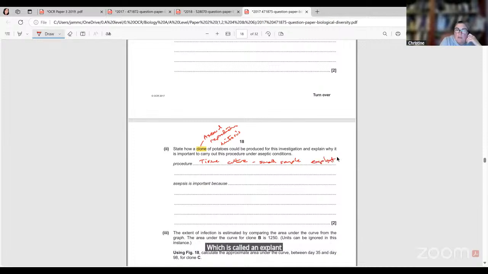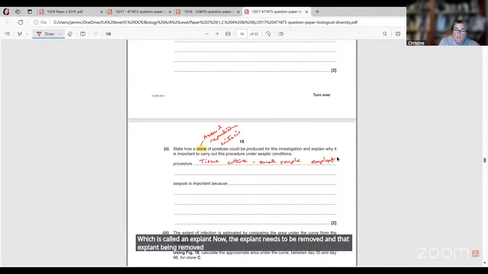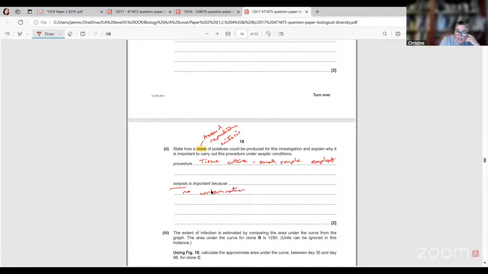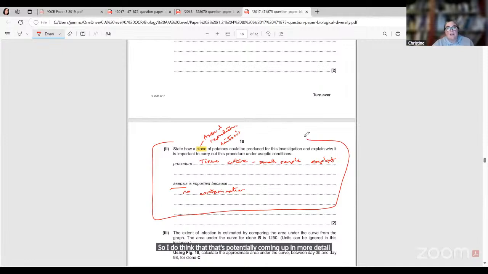Now, the explant needs to be removed in a way that ensures there's no contamination. So asepsis is about ensuring no contamination. I do think that's potentially coming up in more detail in your exam this year.